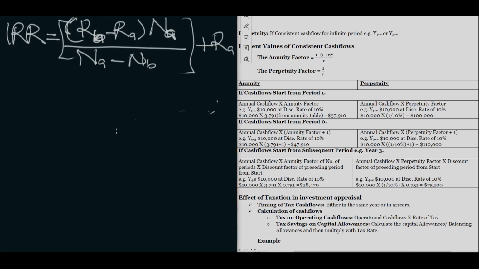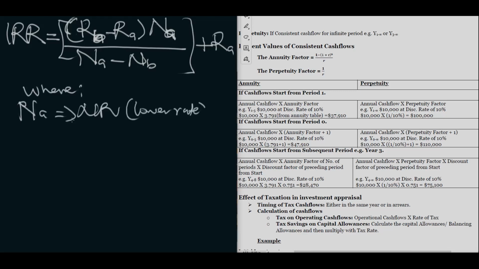So that you know, always define your formulas. Where NA is NPV of maybe the lower rate. It doesn't really matter whether lower or higher rate. The whole thing is that the rate at the top should have its equivalent rate here.